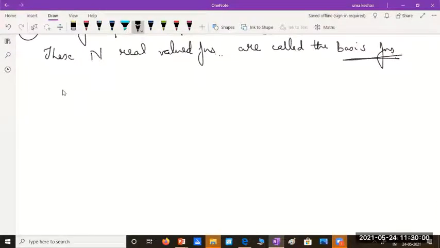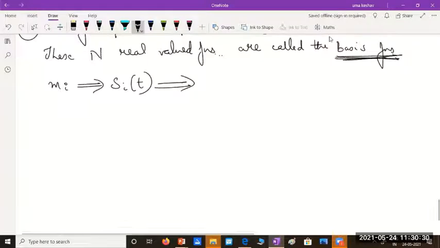Whenever we transmit a signal digitally, we have to define every message in the form of a finite energy signal, and that finite energy signal will be written as a linear combination of orthonormal basis functions. Remember, every message Mi should be represented as a finite energy signal Si.